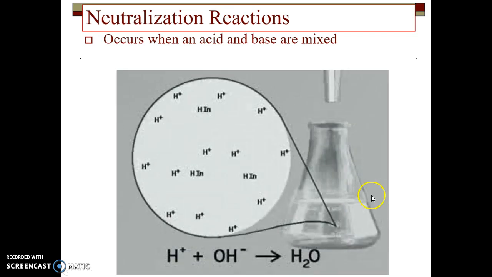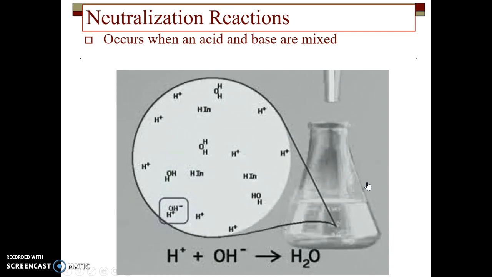So here in this example, we have a substance in this flask, and what we are doing is neutralizing it. I'm going to go ahead and pause this for a second. You can see that as the drops were coming out, the drops coming out were OHs, and if you watch carefully, I'll play it again, you can see the OHs are combining with the hydrogens that are in the acid in the flask.